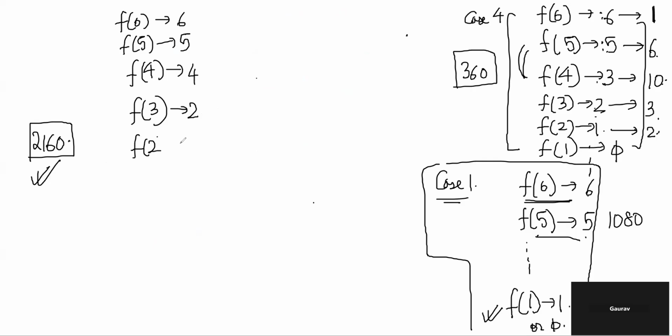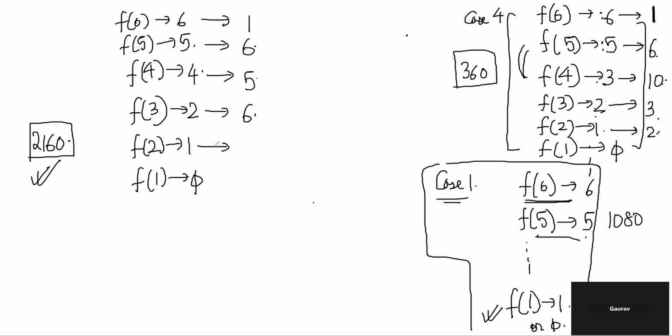Now, f of 2 is 1 and f of 1 is null, right? So this can be done in one way, this can be done in 6 ways, right? This can be done subset of it 5 ways, but now here 4C2, right? So 6 ways, and here out of those two, 1, so 2 ways, right? So you're getting 36 into 5, 180 into 2, 360 here also, right?